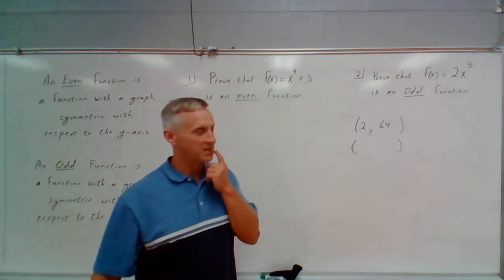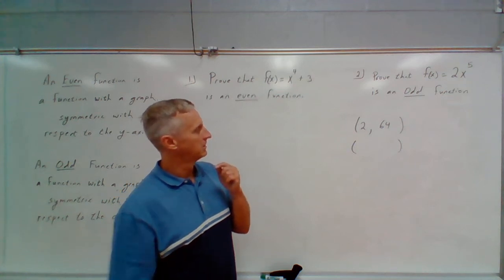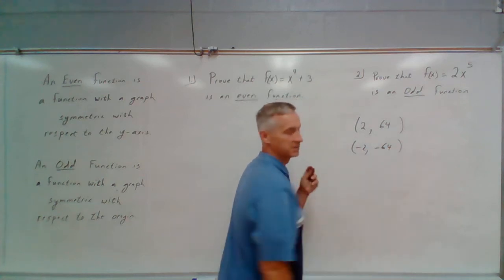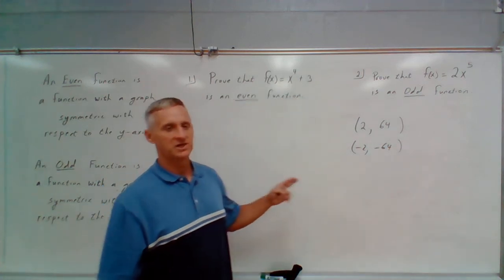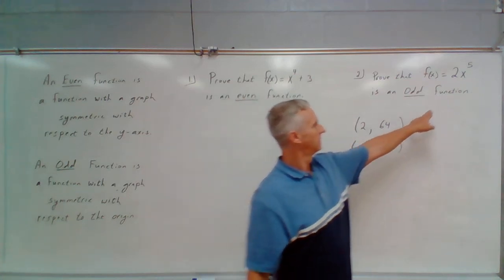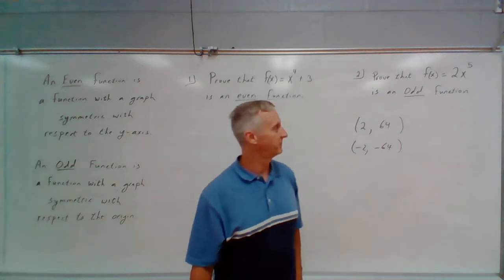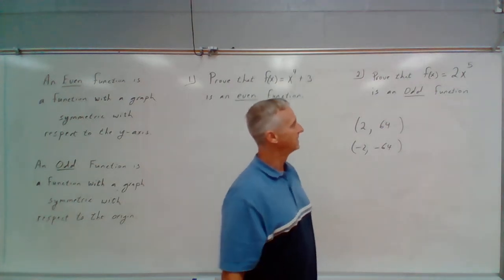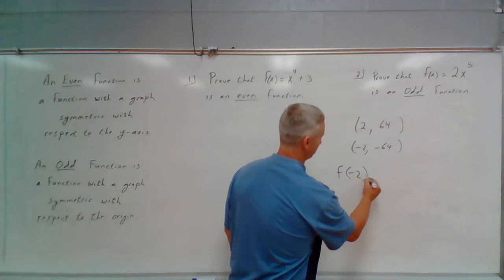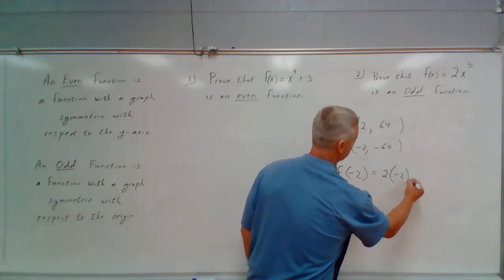We have to make sure then that the point (negative 2, negative 64) is on the graph. Let's check and see if it is. So if I plug negative 2 into this function, negative 2 to the 5th is, let's work it out. If I plug in negative 2, I've got 2 times negative 2 to the 5th.